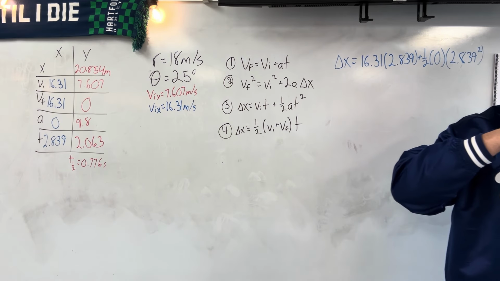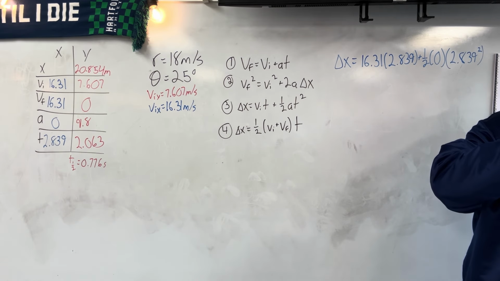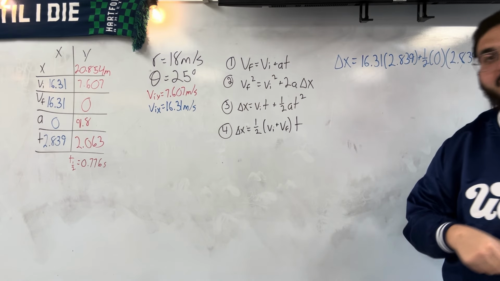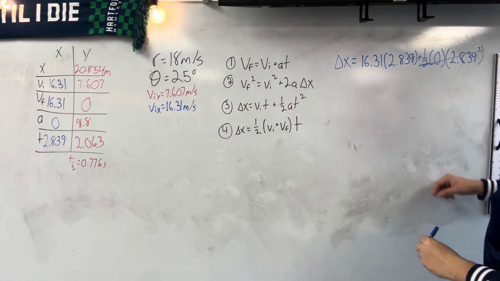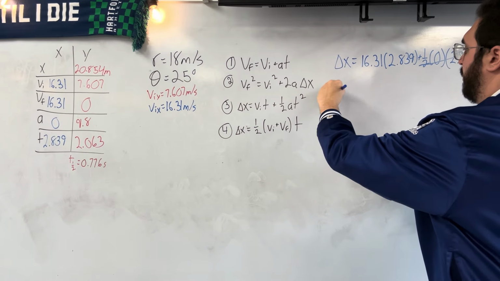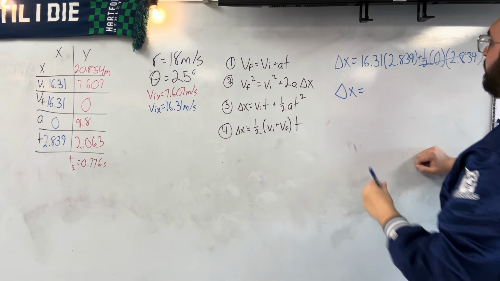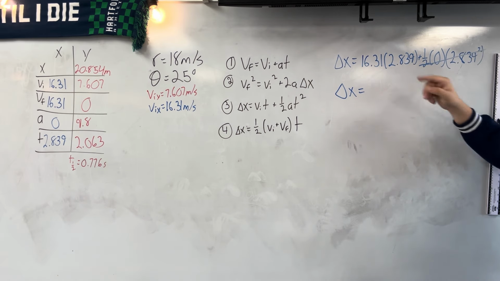Live video audience, chat, again, any number times 0 is 0. All in unison that time. They're coordinated on that one. So that all goes away. So my final answer is going to be delta x equals 16.31 times 2.839.